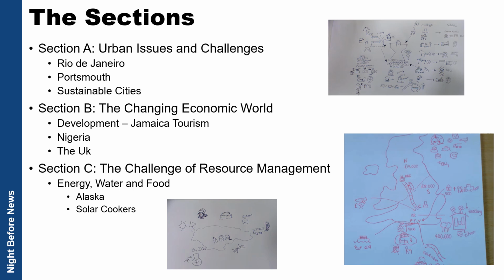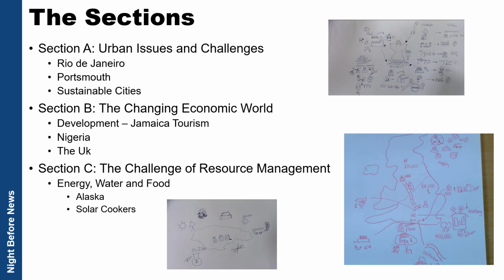Now this part of the paper is slightly different to Paper 1. You have questions 3, 4, 5 and 6 on the exam. We have to look at all energy, water and food, and that comes with question 3. And that's just some general knowledge about energy, water and food and the challenges of those resources. But then we focus in on 1.